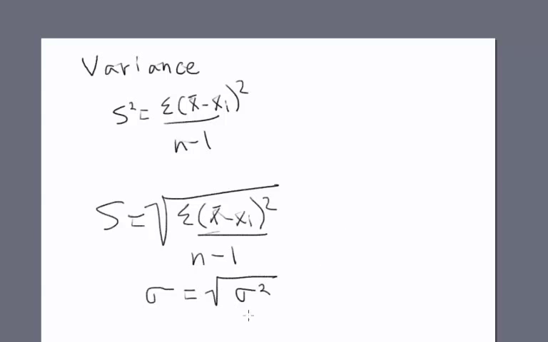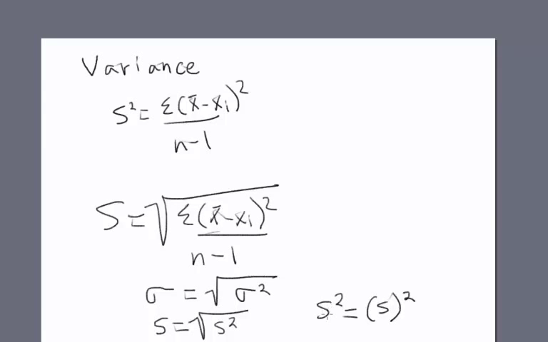So in terms of your sample, if you want to calculate standard deviation, just take the square root of variance. Now, if you want to know variance, simply take your standard deviation and square it, and that will give you variance. Again, the problem with variance is that it's uninterpretable.